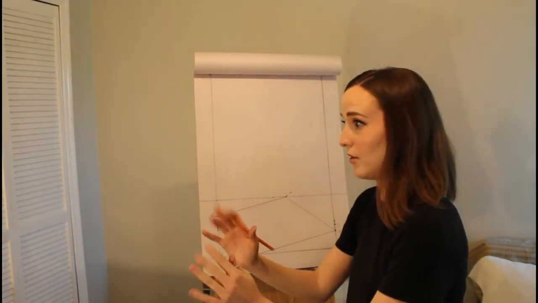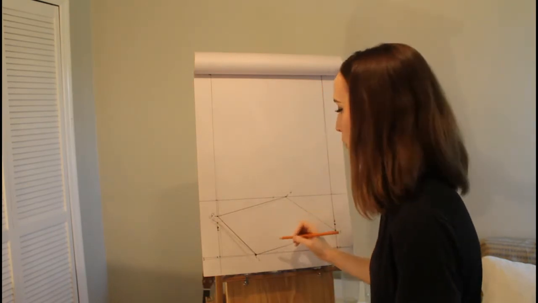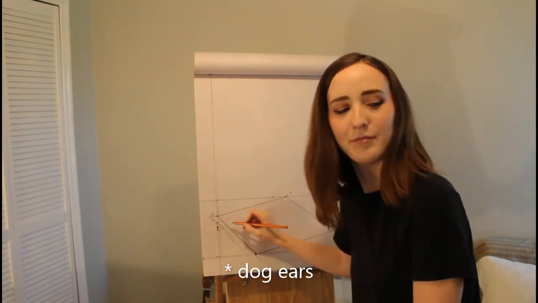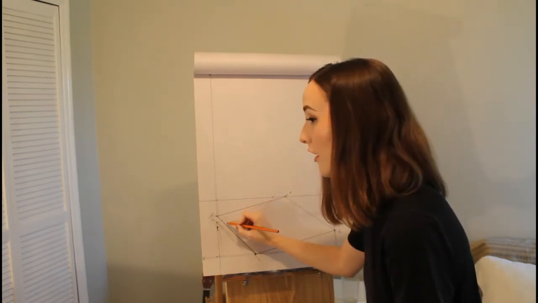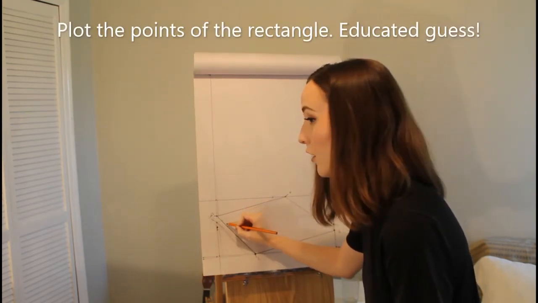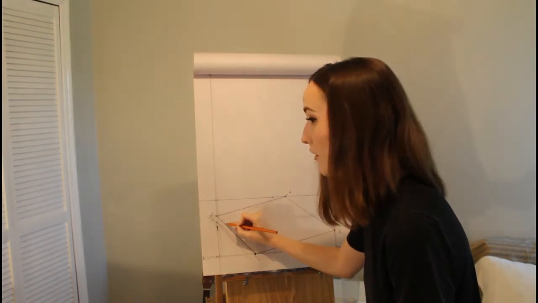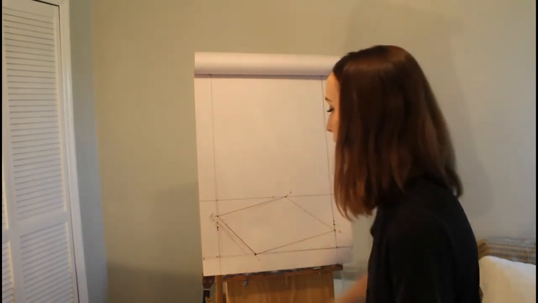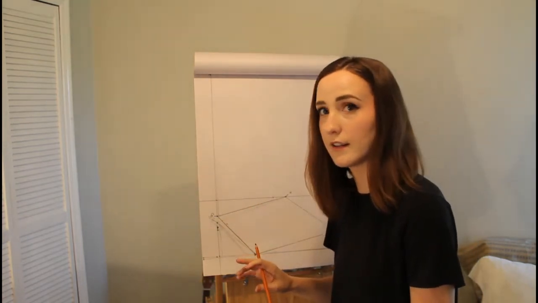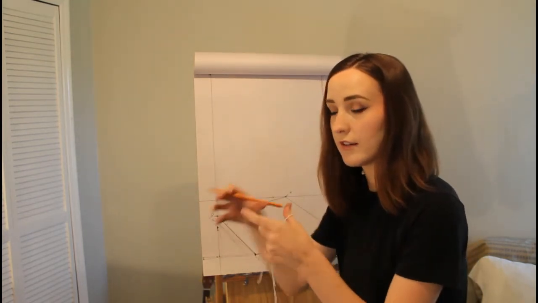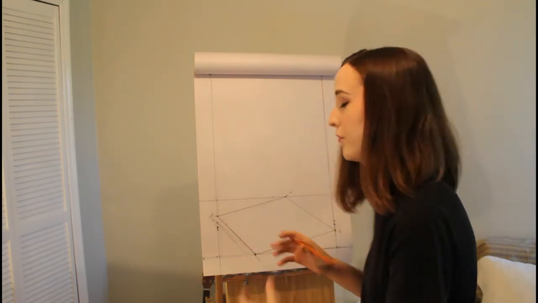Just with my eyeballs, trusting myself, I'm going to plot where I think my corners of my piece of paper are. I'm kind of looking at the triangles that are being created by the rectangle on top of the square.